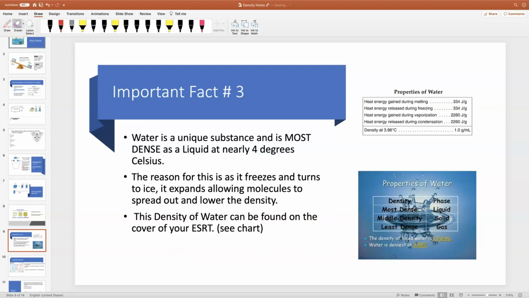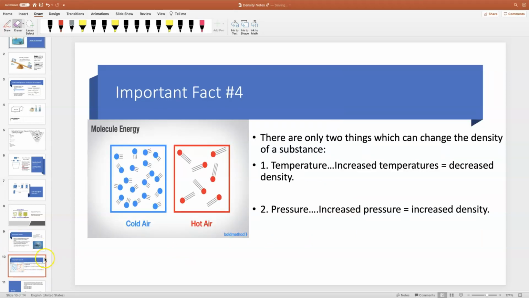Okay, all right, so we get to important fact number 4. There are only 2 things which can really change the density of a substance: temperature and pressure. If you increase temperature on something like air, it'll typically allow the molecules of matter to spread out, allowing density to decrease.